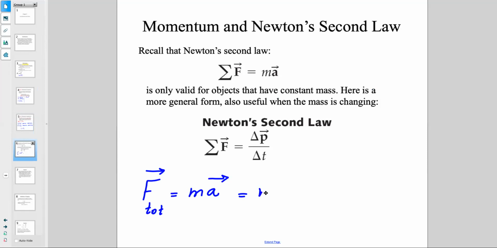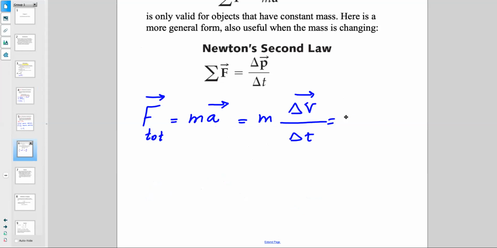So I can write this as this. I can write m. For a, I can write delta v over delta t. Okay, that's a definition of acceleration, or average acceleration, right? So I can write it like this: m, delta v is v2 minus v1, or v final minus v initial.